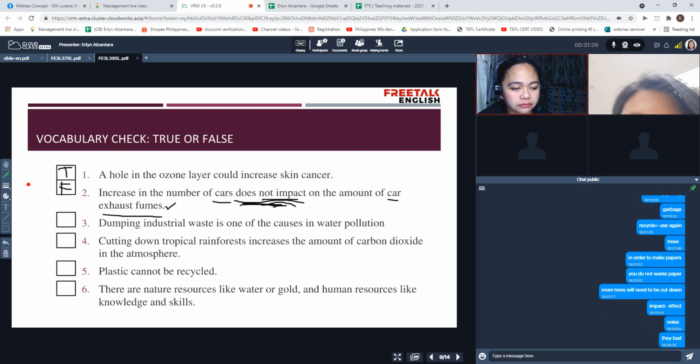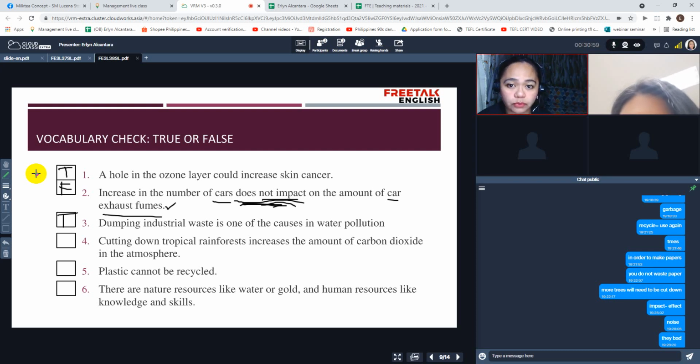Dumping industrial waste is one of the causes of water pollution. So I think true. Very good, that's correct. What about number 4? Cutting down tropical rainforests increases the amount of carbon dioxide in the atmosphere.